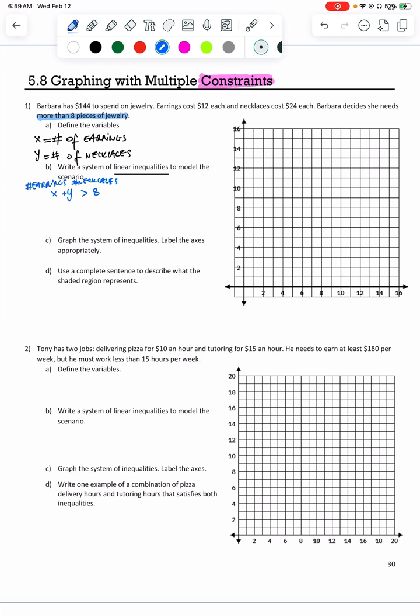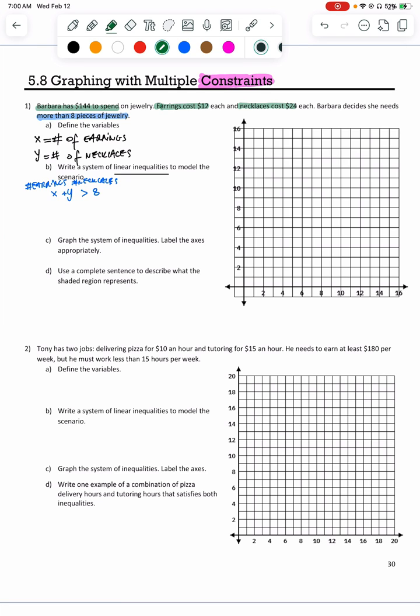Now, where does the second constraint come from? It comes from probably the price. So she has $144 to spend. That means she can spend 144 or less, right? And that has to cover the cost of earrings and the cost of necklaces.